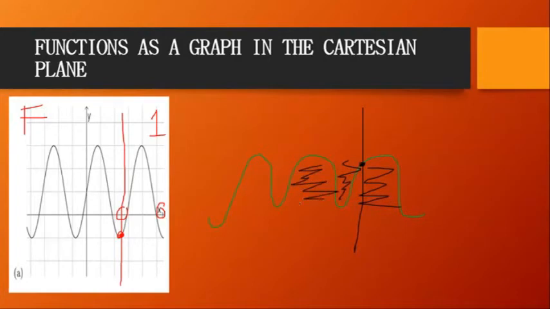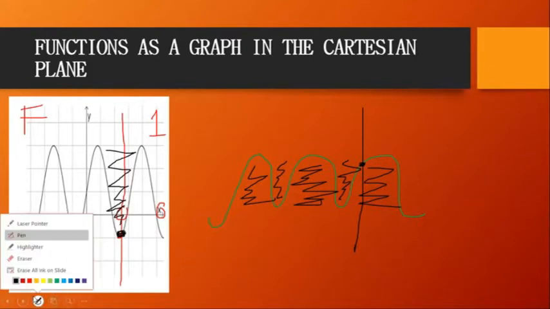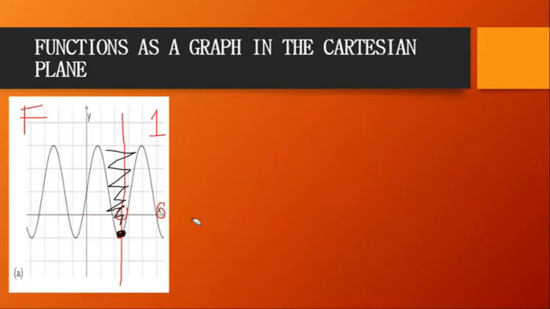Hindi po yan part ng graph. Kasi may space na nandyan. Okay? Katulad lang din dito. Etong part na to, na may shade, space lang po yan. Okay? Hindi yan kasali sa ating graph. Ito lang ang pwede nating bilangin. Okay? Another example, try natin to.